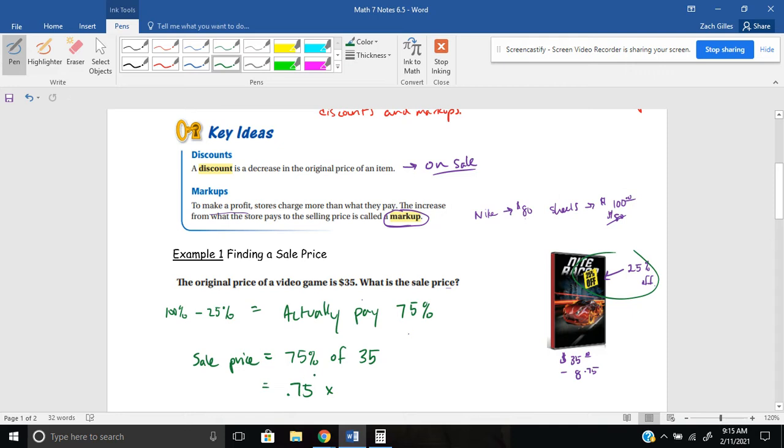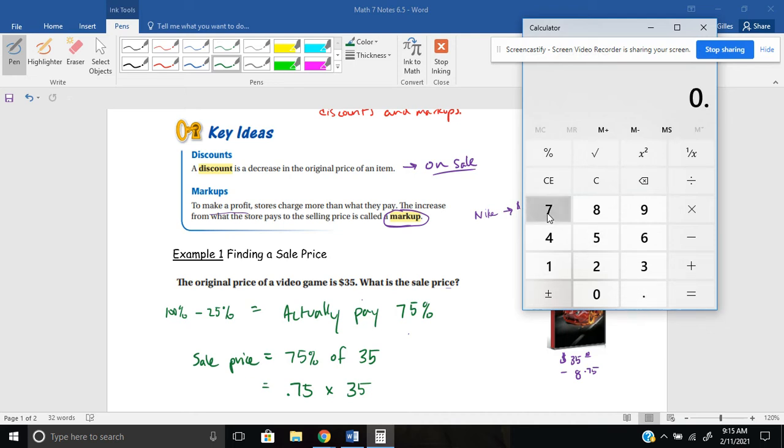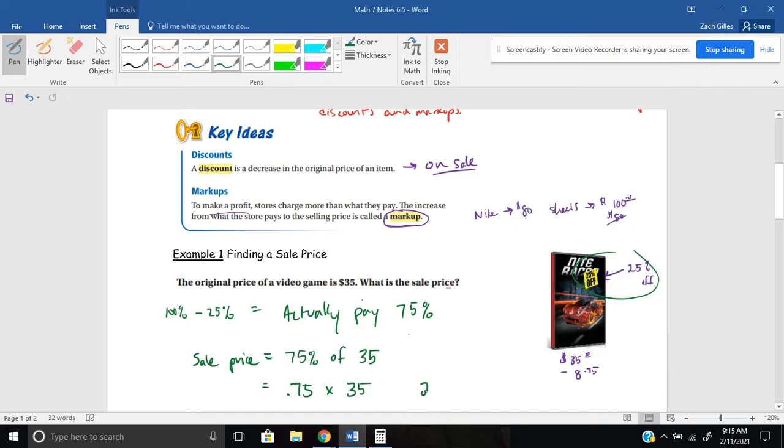So let's take 75% times our whole. 0.75 times 35 would give me $26.25. Notice that's the same as we got for the first method.